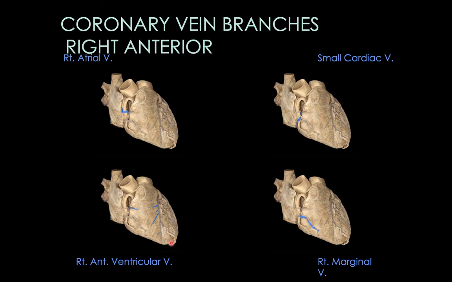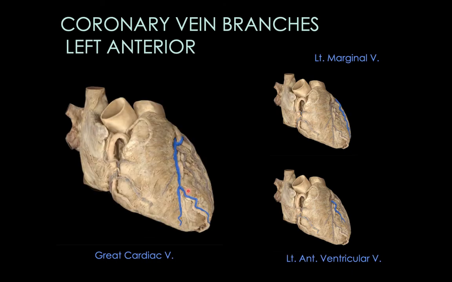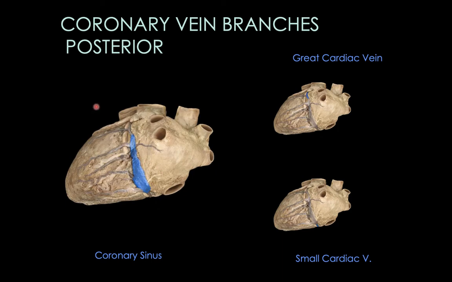And then the coronary vein. These are the branches that come off of the coronary vein. This is the coronary sinus. This is the vein where the collection of deoxygenated blood comes from after it goes through the heart and then empties into the right atrium.